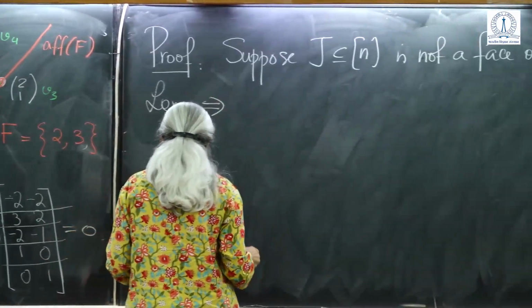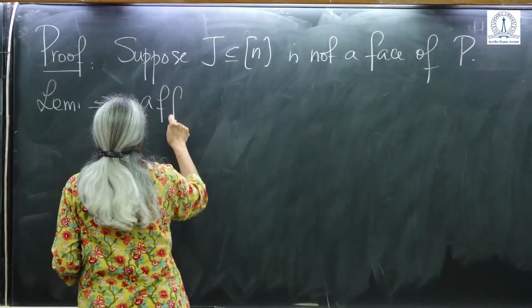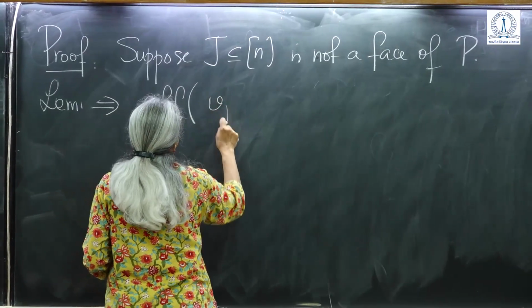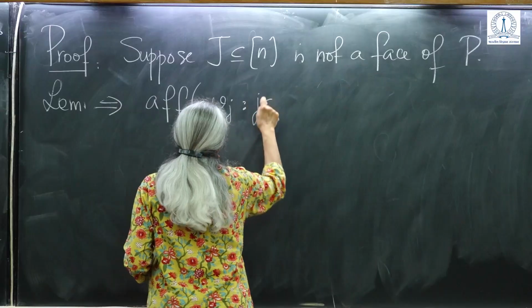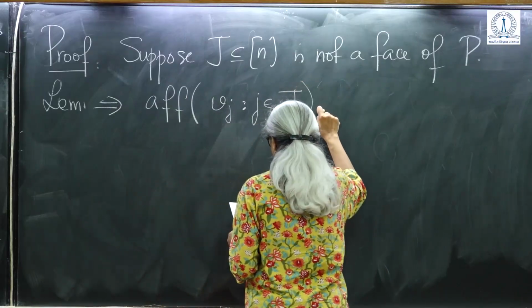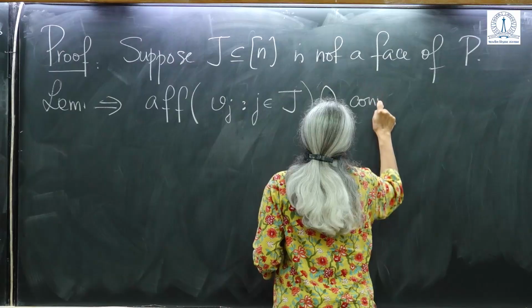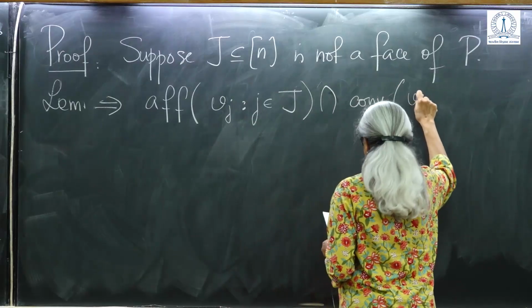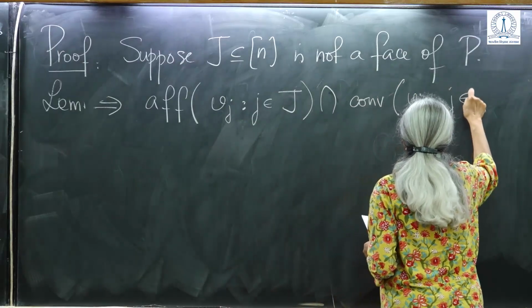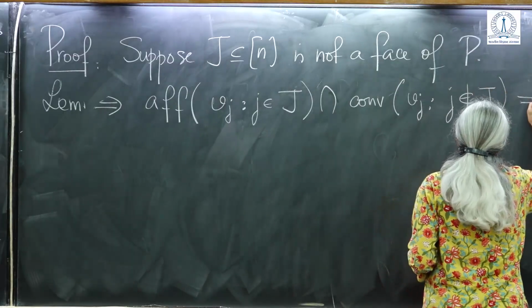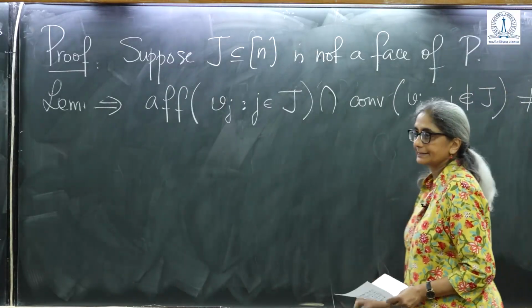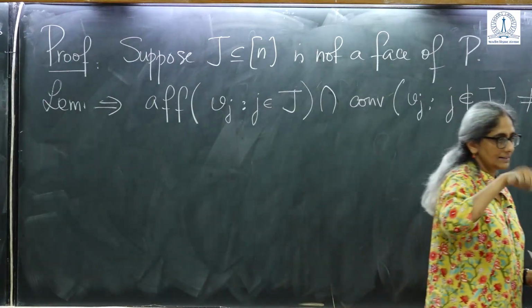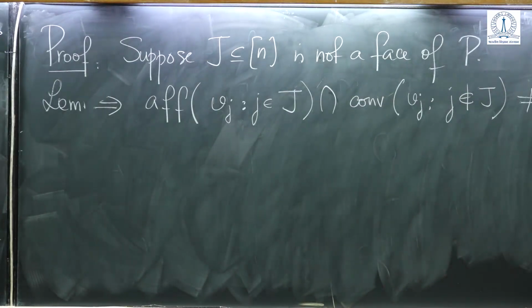So the lemma implies that the affine hull of the Vj such that j is in J intersect the convex hull of the Vj's such that j is not in J, this intersection is not the empty set. Do you agree? I'm picking something that's not a face. So if I make its affine hull, it's going to intersect the other stuff because the other stuff is on both sides. Okay?